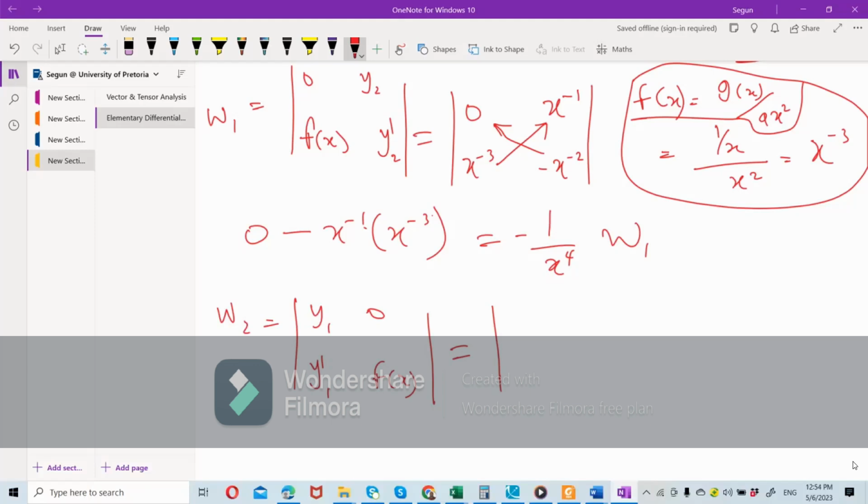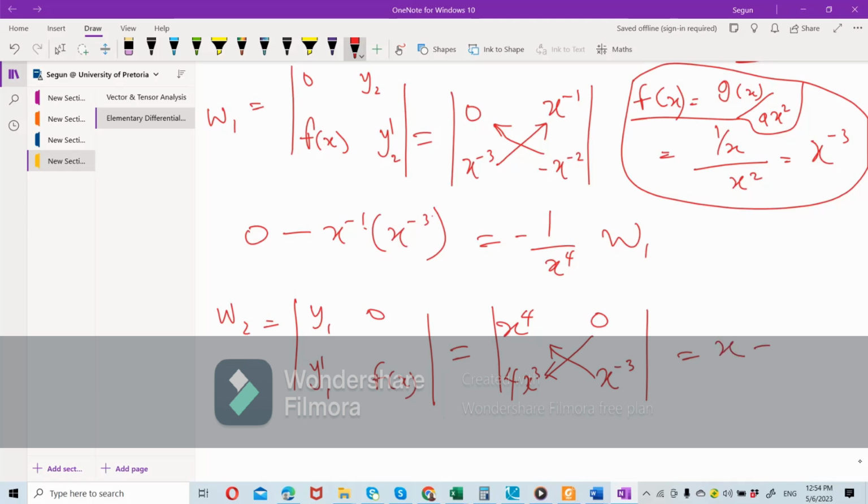Y1 is equal to what? y1 equals x raised to the power 4. Thank you. And we have 0 here. Then what is y prime 1? 4x raised to the power 3. Then x raised to the power minus 3, our f of x. So at the end of the day, when you cross multiply, you have x minus 0, which is equal to x.